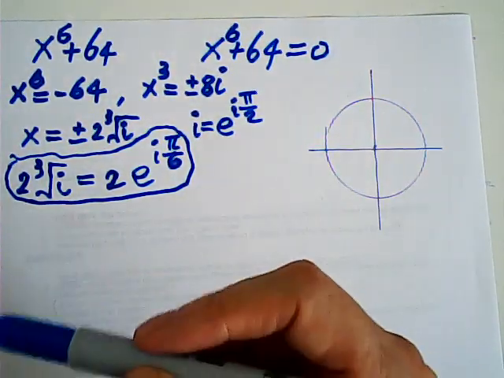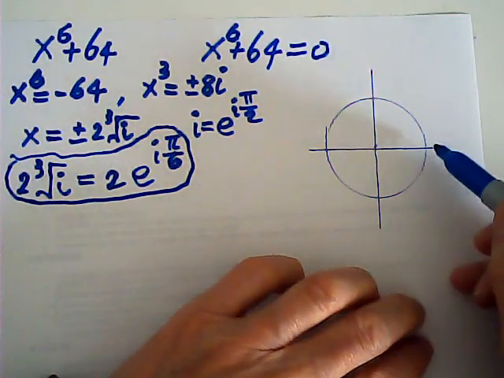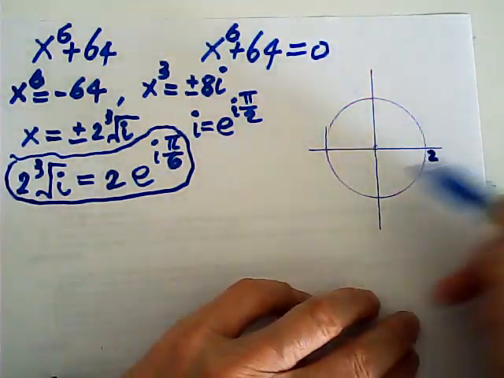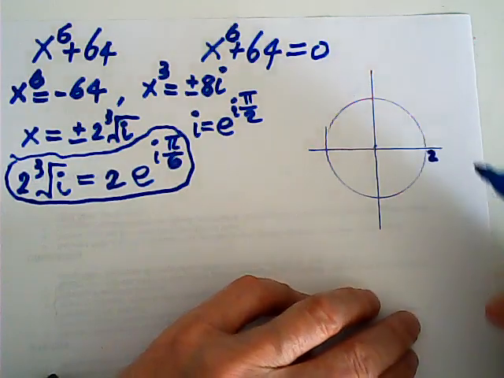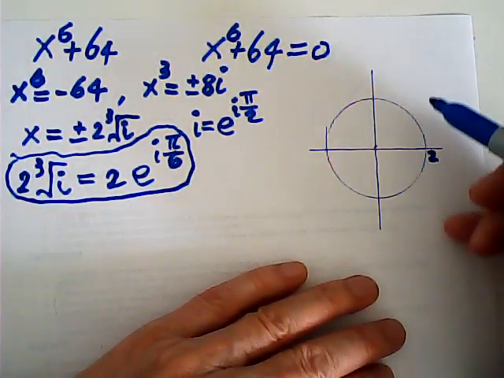This is 2, right? The radius is 2. This is a circle of radius 2, and pi over 6 is somewhere here.